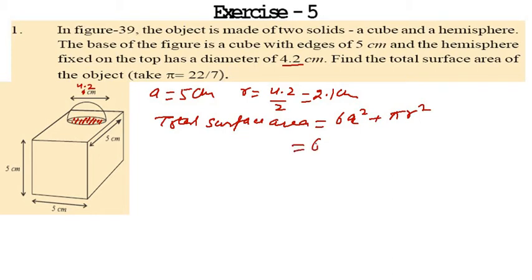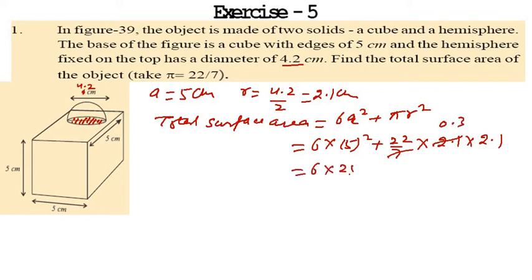Now put the value, 6 into a is 5 and it is whole square, and pi is 22 upon 7 and it is 2.1 into 2.1. So let us see how we can do it, 7 into 3 gives 0.3. Now you can multiply 6 into 25 and plus it is 22 into 0.3 into 2.1.